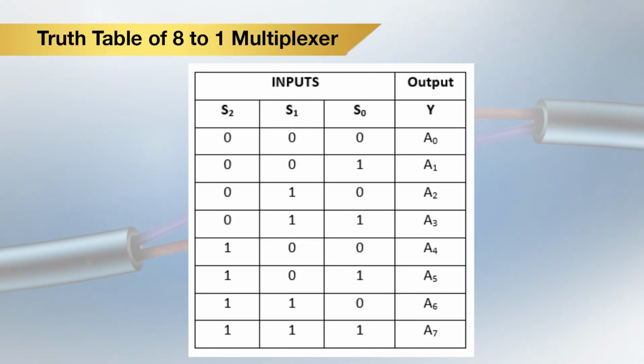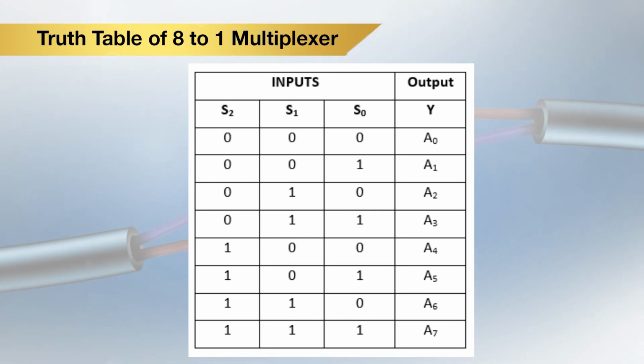This shows the block diagram for an 8:1 multiplexer. Here we can see 8 input lines from A0 to A7. There is an enable line, and to get 8 combinations we have 3 selection lines S0, S1 and S2. These 3 selection lines will select which input data is given at the single output.